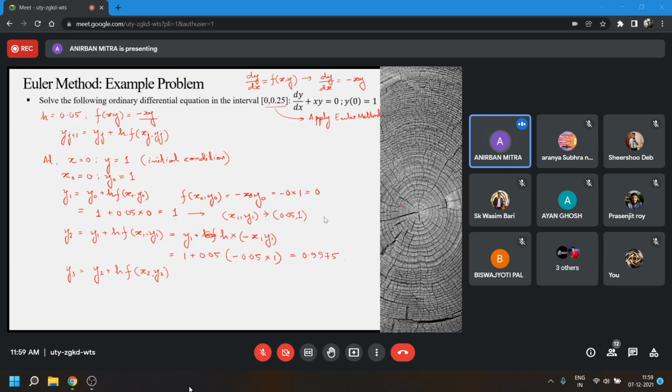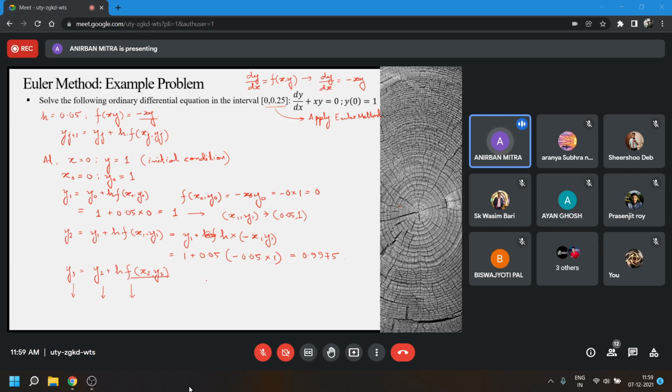Sorry, x2 is equal to 0.1. So if we input those values in this function, we'll be able to calculate that, and we continue to do these calculations till we find the last y value that is corresponding to xf. So yf, once it is found out, you will see that you have got a solution.